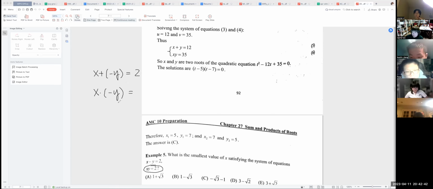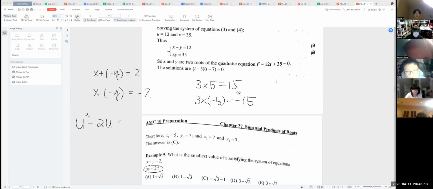So x times negative y equals what? -2. 那你知道 3 乘以 5 等于 15，对不对？那 3 乘以负 5 呢？negative 15 啊。那这里呢 x times negative y, xy equals 2, so x times negative y equals what? -2. Correct, everybody?